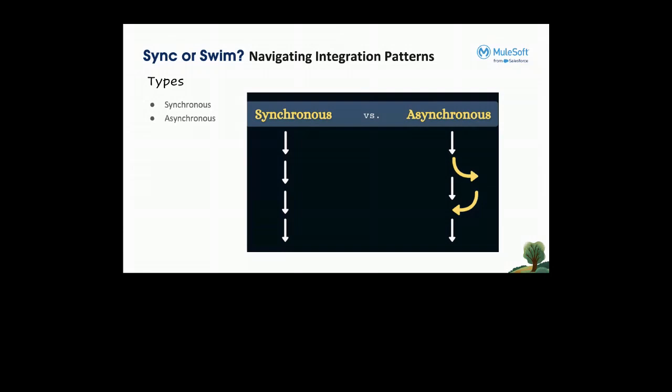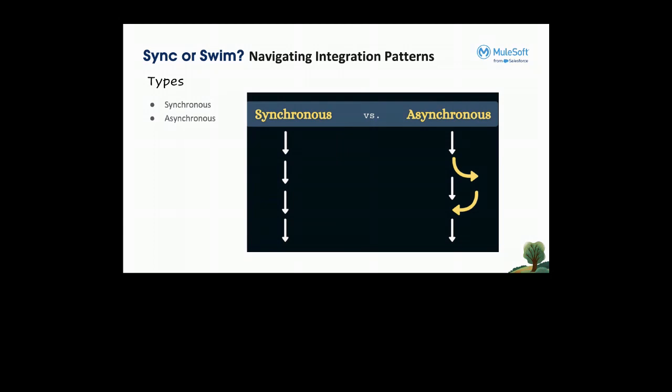I'll try to keep this session interactive, so does anyone know the difference between a synchronous and an asynchronous solution, and why we should use them? Anyone from the meetup want to share something?